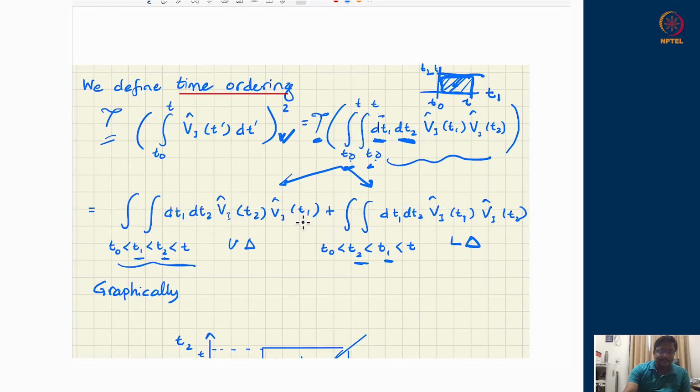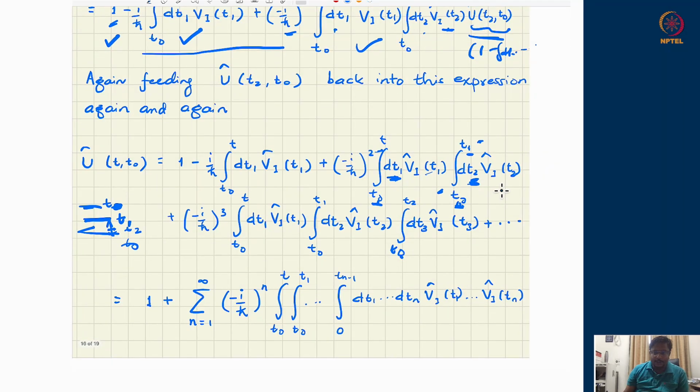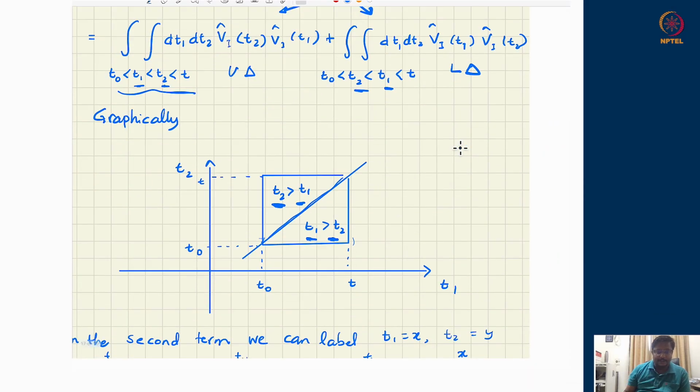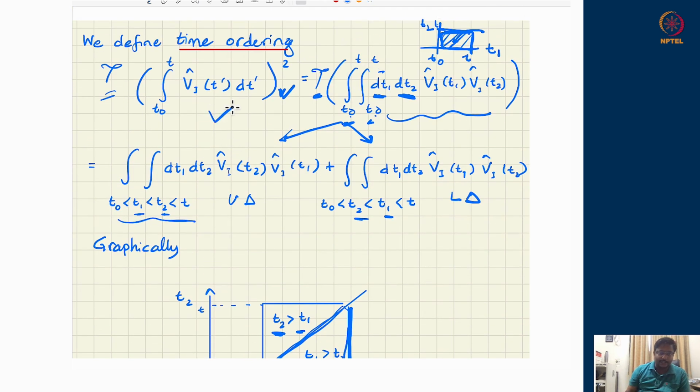We had a similar kind of integration where t2 was running from t0 to t1 and t1 was running from t0 to t. So in all this, t2 was always smaller than t1, its upper limit was t1. So this integral is the one where t2 is smaller than t1, the lower triangle integral. So we had this integral at hand, while I know the double integral which I have written as a square over here is made up of two pieces.